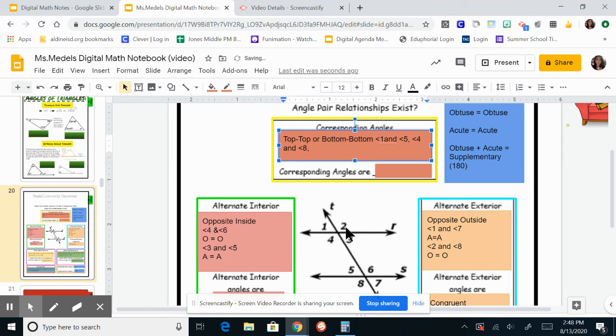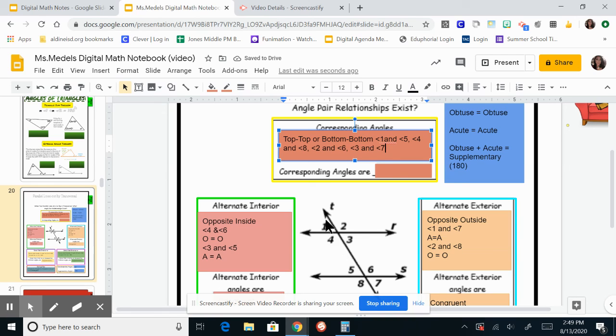Then here's my top, angle 2, and my other top is angle 6. And then finally, my bottom, angle 3, and my bottom, angle 7.